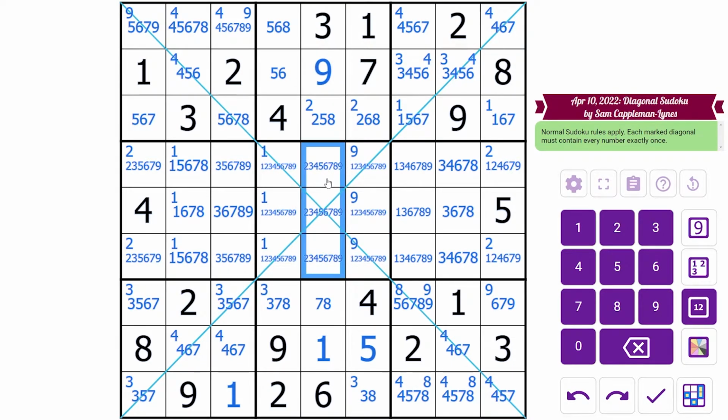So 1 and 9 aren't there. We know that. 5s and 4s aren't there. 3 and 6 are not there. 1, 7, 4, 5. 4, 9, 2.